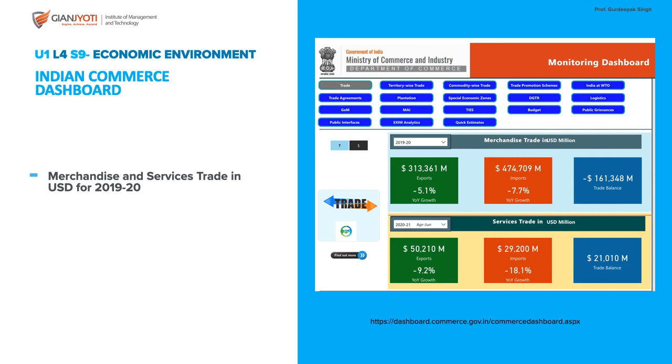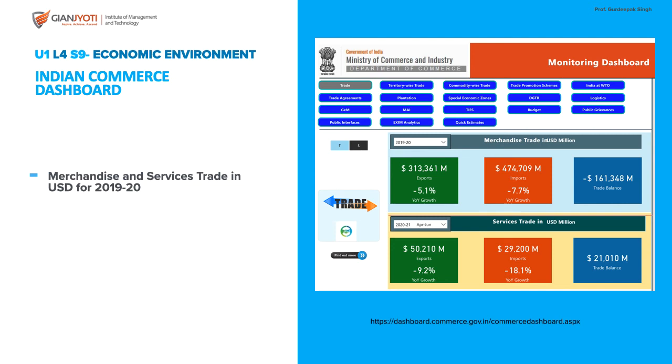If you look at the exports, year-on-year growth has gone down by minus 5.1. If you look at imports, it has gone down by minus 7.7 as compared to 18-19. So this is the trade balance. This is for the merchandise trade, and this is the service trade. We are exporting more in merchandise than in services.